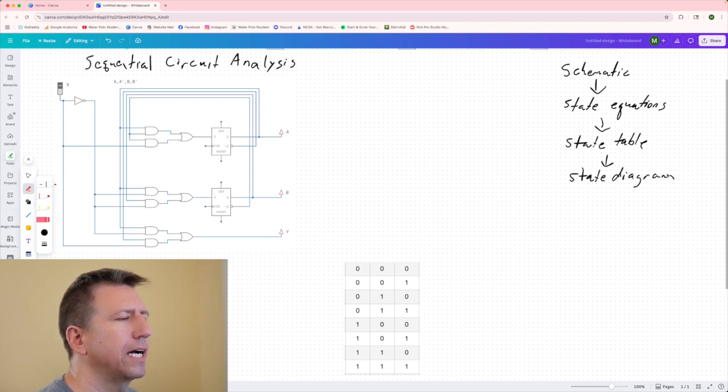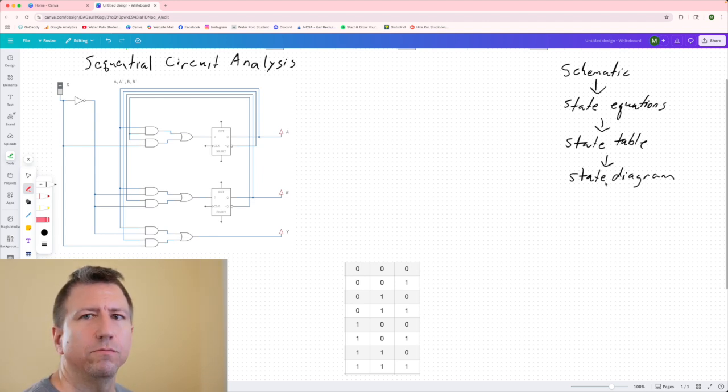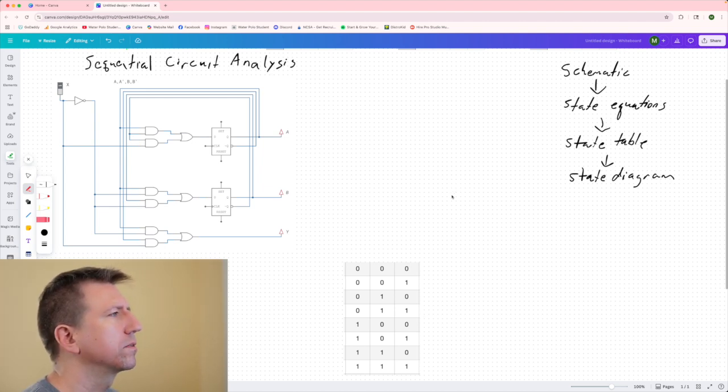This is the opposite of when we would do sequential circuit design, when we have an idea that we want to implement. In this case, this is something that's already implemented, and we want to say, well, what does it do? And so this is the process that we're doing right now.